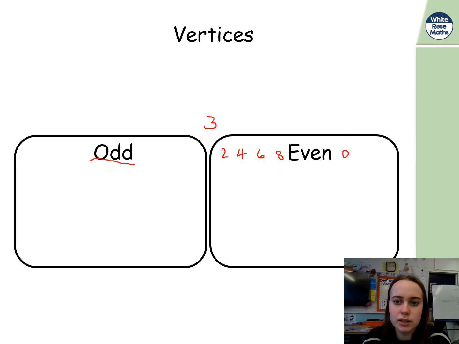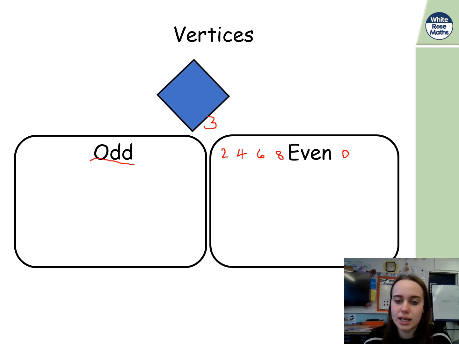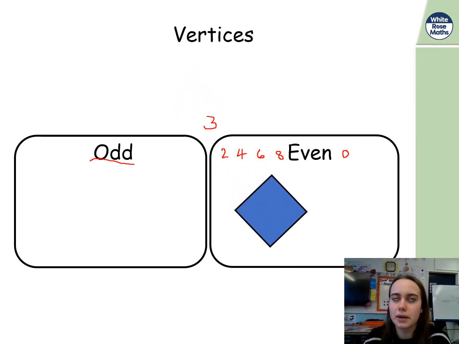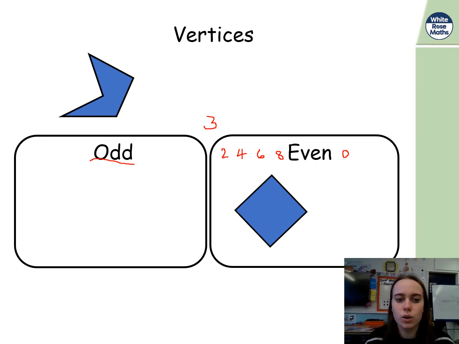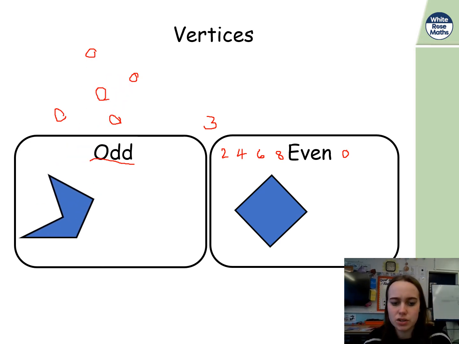So let's have a look. We've got a square. Now a square has 4 vertices, so that is an even amount of vertices. And this shape has 1, 2, 3, 4, 5 vertices, so that must be an odd number because the number 5 does not come in the 2 times table.